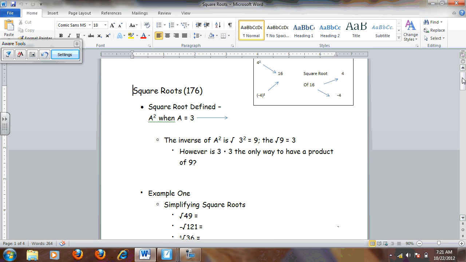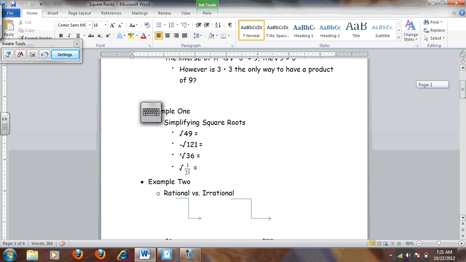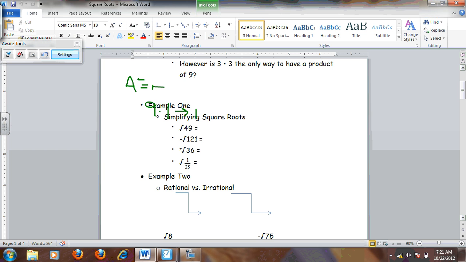Moving on. Let's look at example 1. Example 1, we're simplifying square roots. So we're finding the square root of 49. What number times itself equals 49?